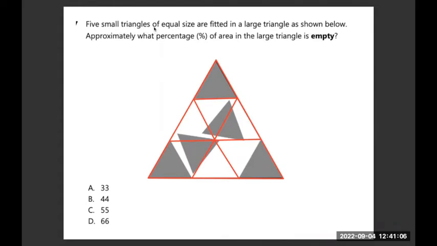We know how many gray color triangles are there. Like 3:6. No, it's not 3:6. The gray color triangles कितने हैं? 5 है. Total triangles in the bigger triangle are how many?